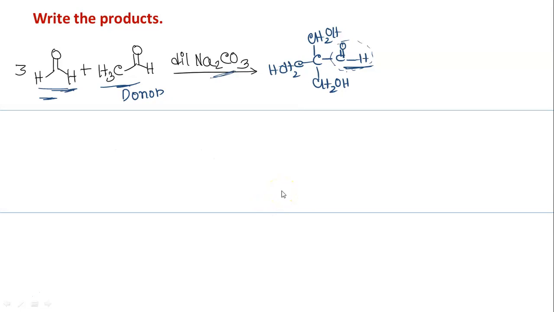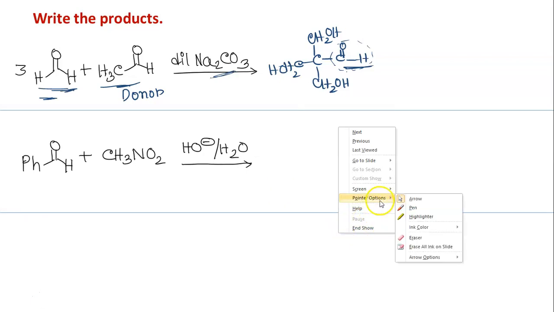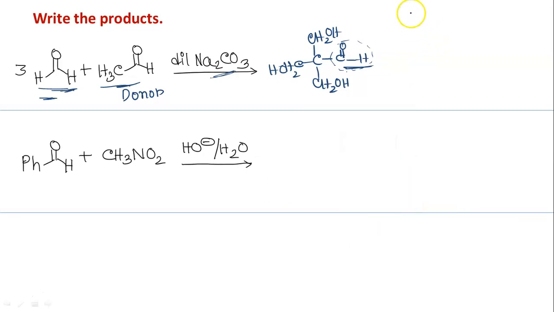And one thing I will also mention here: suppose we are using NaOH or KOH in this reaction, then what will happen? Then this molecule will react with another molecule of formaldehyde. And obviously if you compare these two aldehydes, if this is A and this is B, B is more reactive because it is formaldehyde.